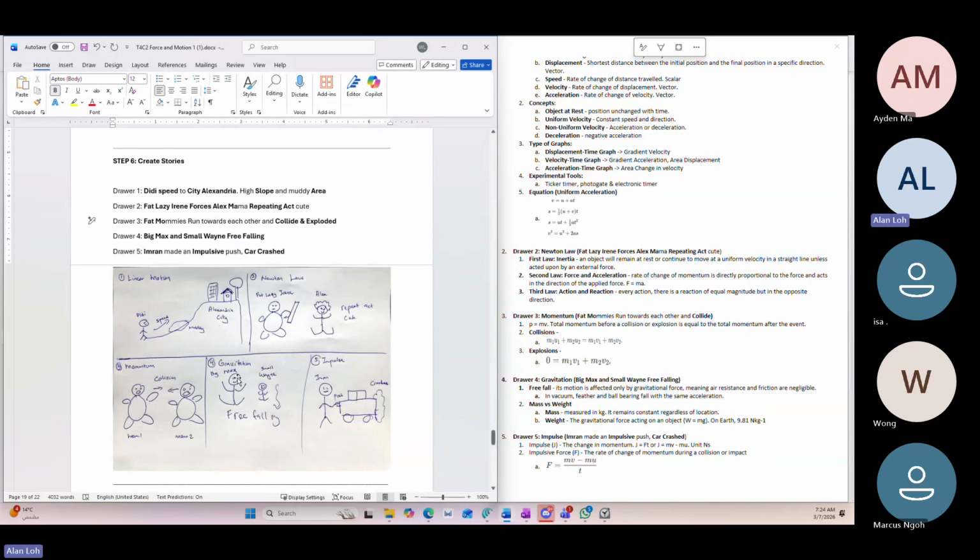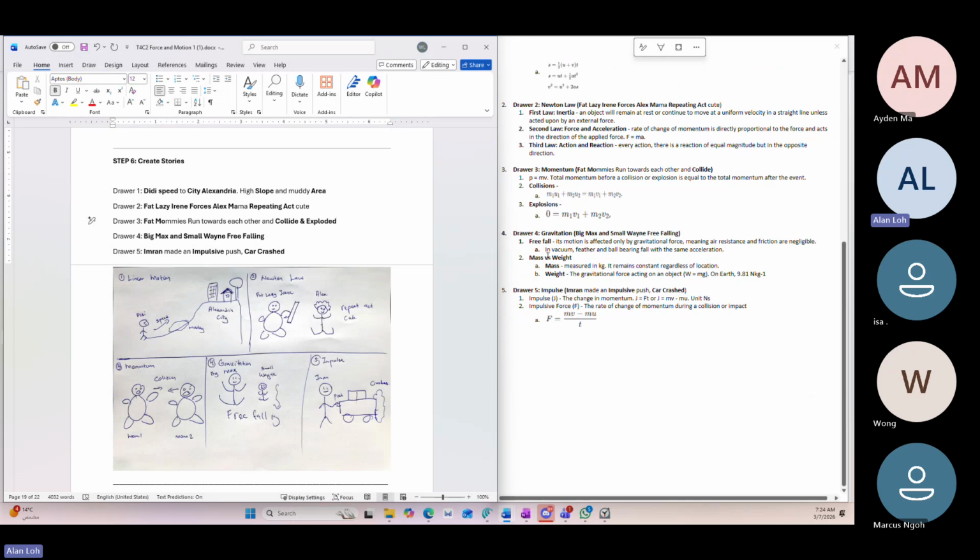Drawer number 4, gravitation. Big mass and small weight, free falling. Right, so I think you know why I created this story, because it's teaching about mass and weight and free falling.